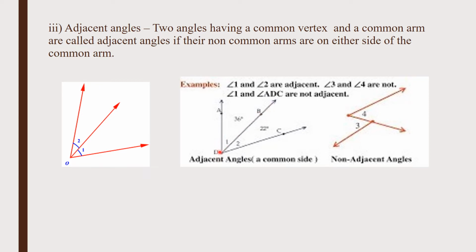The non-common arms DA and DZ are on either side of DB. Here in figure 2, angle 3 and angle 4 are called non-adjacent angles as there is no common vertex or no common arm.